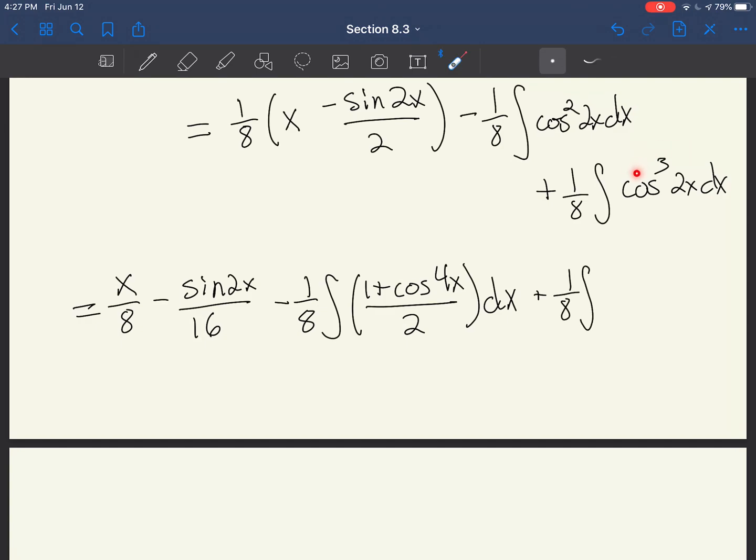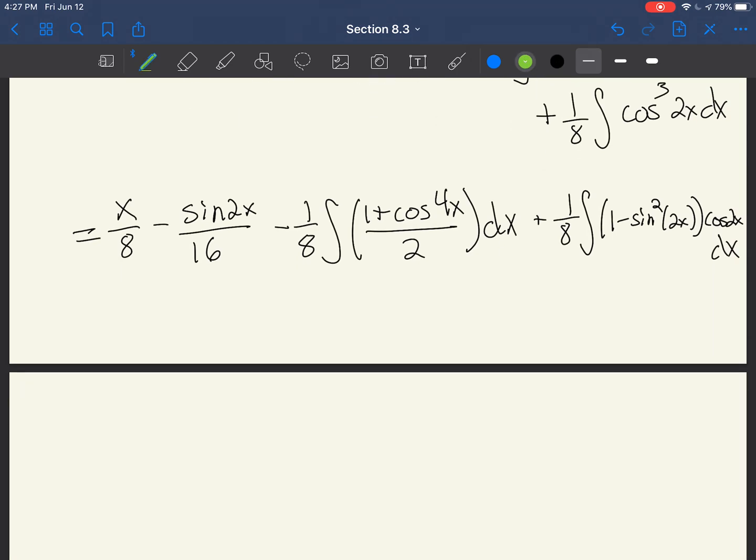Plus 1/8 integral. Here we have an odd power of cosine, so we're going to do the trig identity cosine squared equals 1 minus sine squared. So we have 1 minus sine squared of 2x times cosine 2x and then dx.